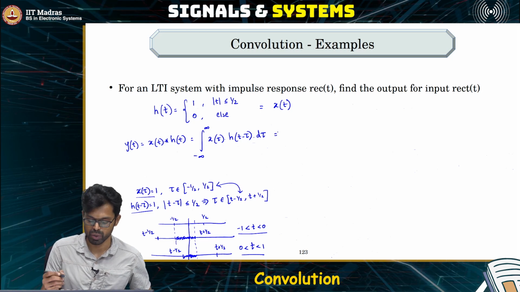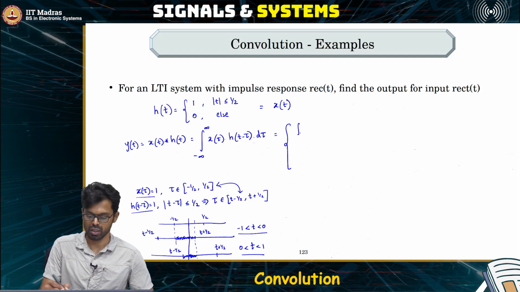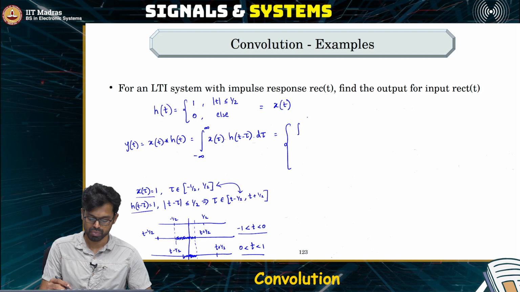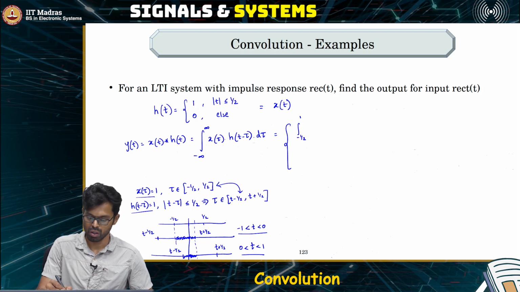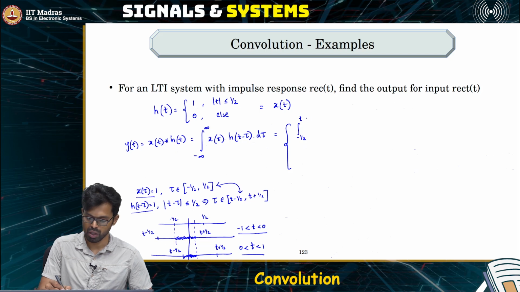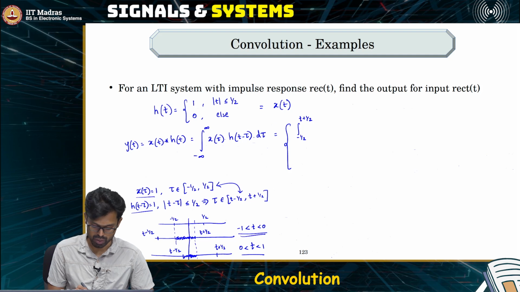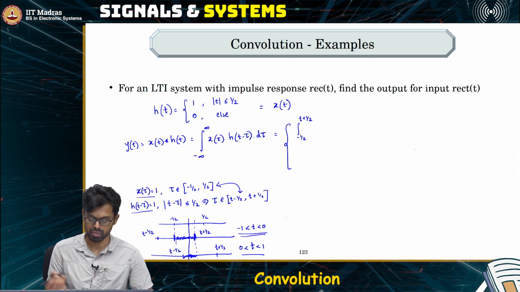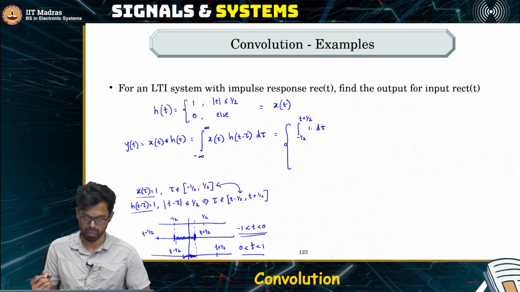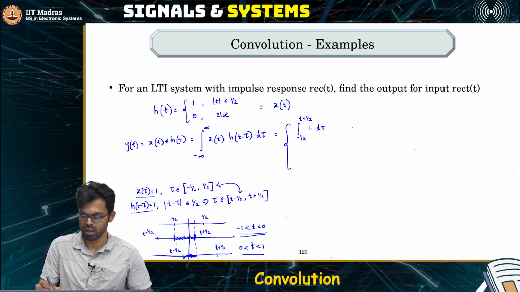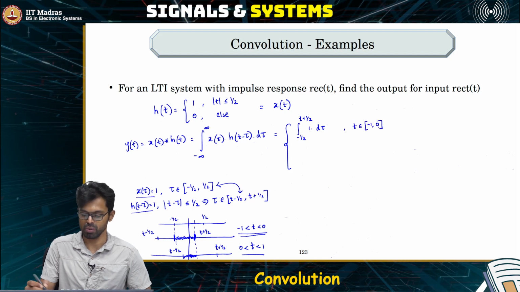In other words, we'll say that the output is the integral from minus half to t plus half of 1 d tau when t belongs to minus 1 to 0, which is basically this interval starting from here till here.